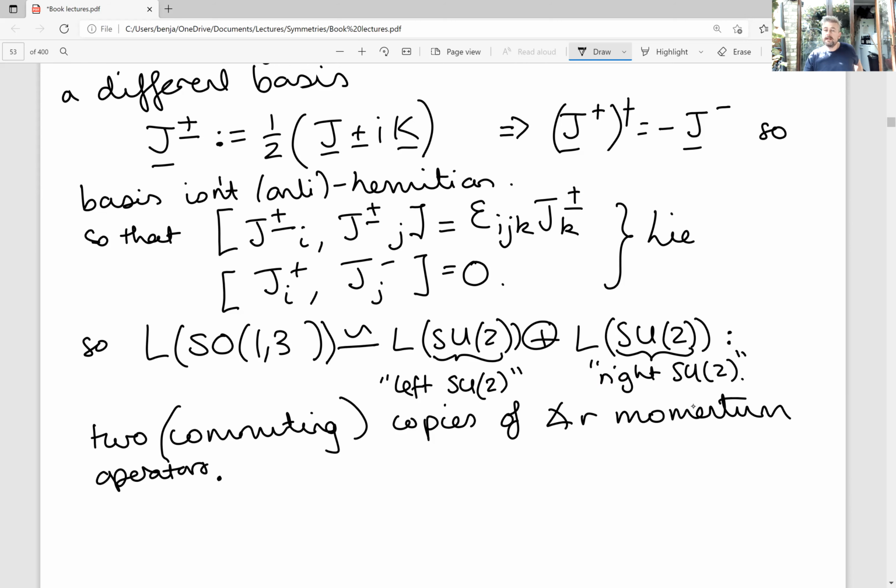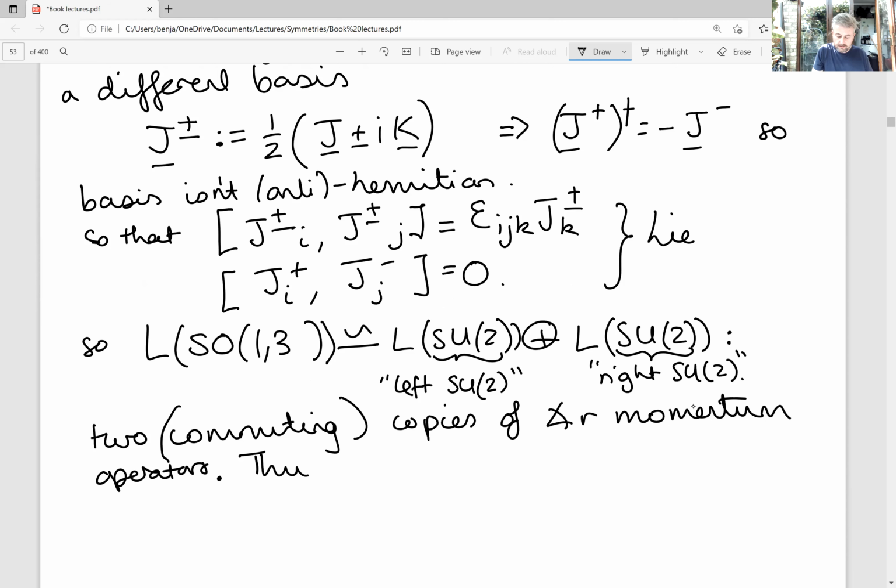Okay, so of course these two SU(2)s, or the Lie algebras, act on a representation space, and it's a direct sum. And so when you exponentiate the SU(2)s, the left SU(2) and the right SU(2) will also act on the same representation space. And those two representation spaces that we direct sum, each one of them is just a two-component object, and that's a spinor of the Lorentz group.